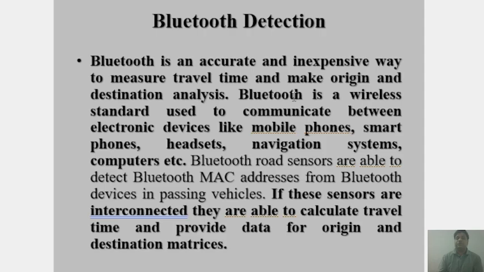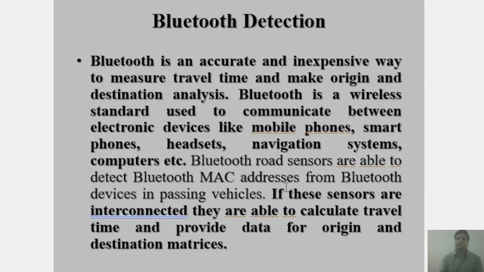So it is basically a wireless standard which is able to communicate between electronic devices like mobile phones, smartphones, headsets, navigation systems, computers, etc. So it is a wireless standard which is used to communicate between electronic devices.